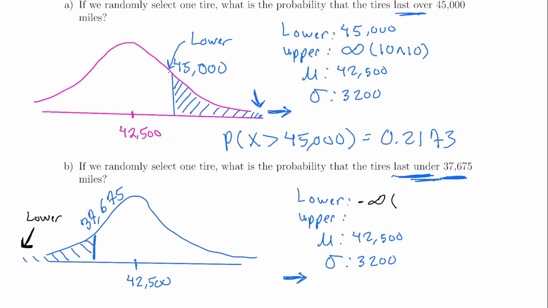But on your calculator, there is no negative infinity, so you put negative 10 to the 10 power. The upper cutoff will be 37,675. And then the mu and the sigma, since it's coming from the same problem, stay the same. Any questions so far? We got the lower and the upper.